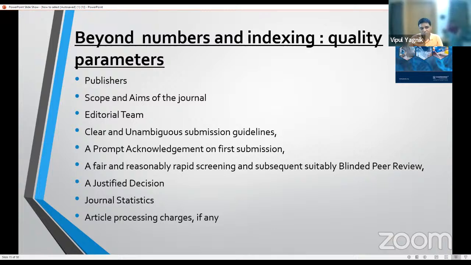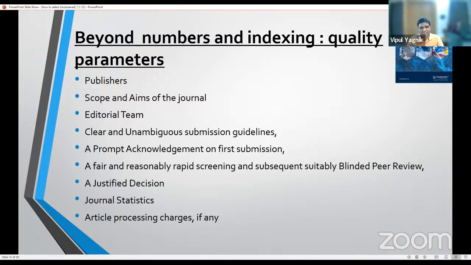Quality is based on, first thing we look at the publisher. Second thing, you can look at the scope and aim of the journal. Third thing, you can look for the quality of the editorial board. Fourth thing, you see the website of the journal and find how nicely, how clear and precise the submission guidelines are mentioned.